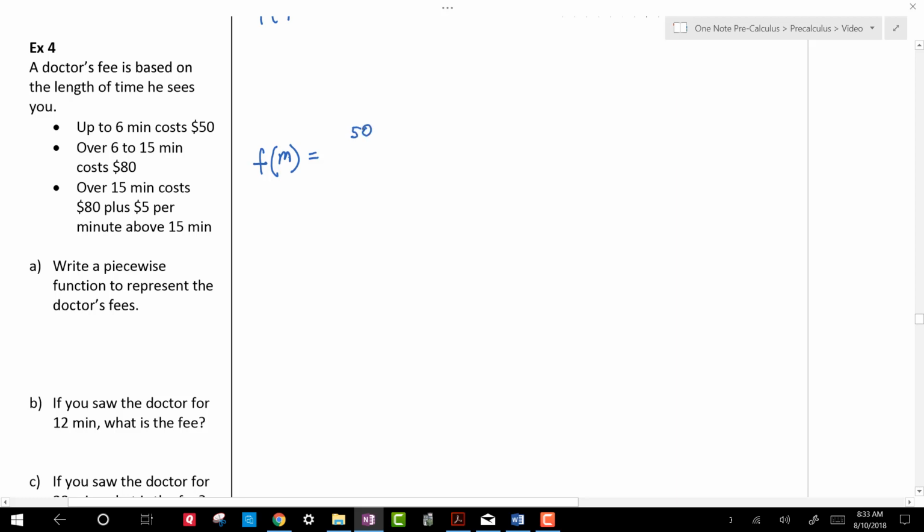It's just a flat 50. And that fee goes from 0 up to 6 minutes. Now we're talking about the number of minutes you see the doctor. 6 minutes is included, but the doctor's not going to see you for 0 minutes. Okay, so there's my fee, $50 from 0 to 6.